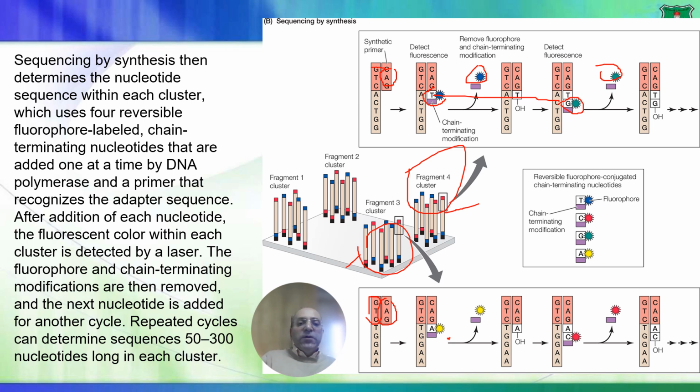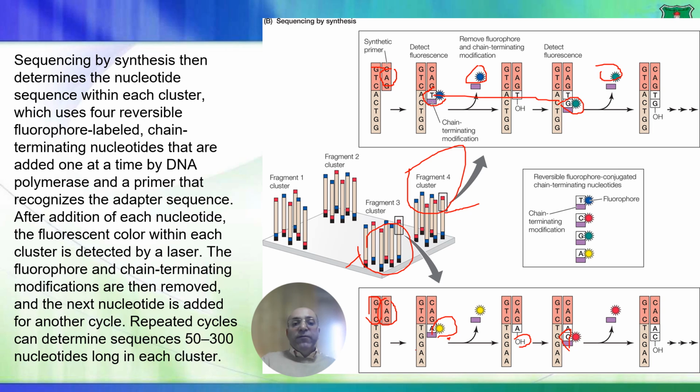The DNA polymerase sees a T, it adds an A, and A gives a yellow color, and then it's modified so that we add the following one, which is C, which gives a red color, and so on. So the sequence of this cluster is a T, then G, then A, then C, and so on.